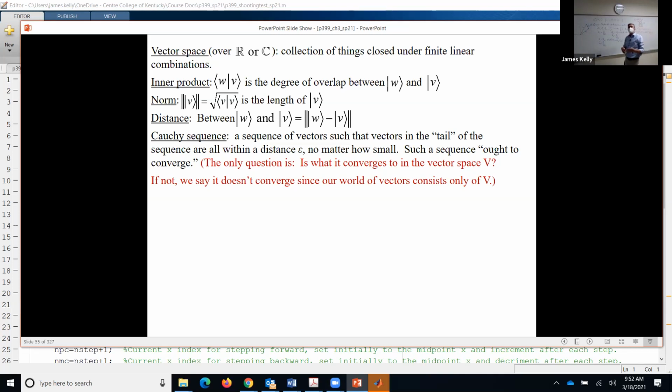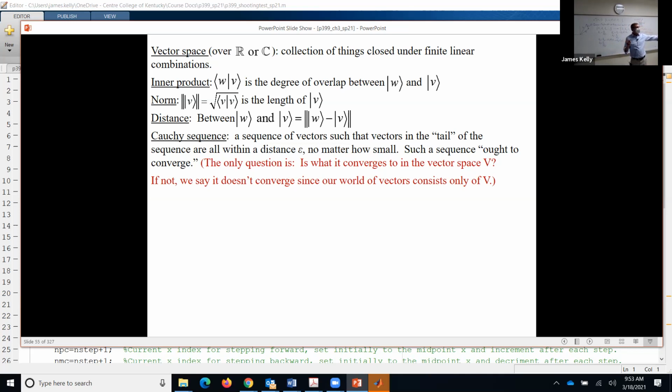If you give me the number 1/1,000,000th, I should be able to say, oh, throw away the first billion of those vectors, but then the ones that are left over, the infinite number in the tail, should all be within 1/1,000,000th distance of each other, and so on. No matter what number you give me, no matter how small, no matter what epsilon you give me, eventually the tail is all within epsilon.